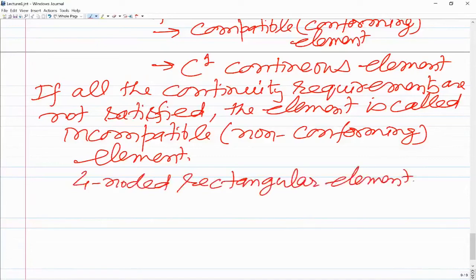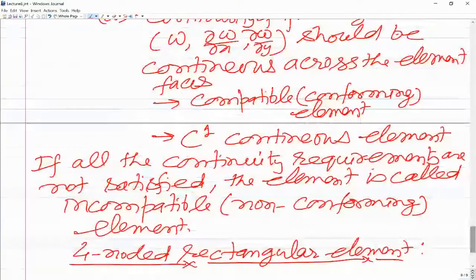Sir, can you please explain again what is a C1 continuous element? What does it mean? C1 continuous. See, in this case, as I said, the primary variables are w and its first derivatives del w by del x and del w by del y. So if an element requires that the variable as well as its first derivatives should be continuous across the element boundaries, then that element is known as a C1 continuous element.